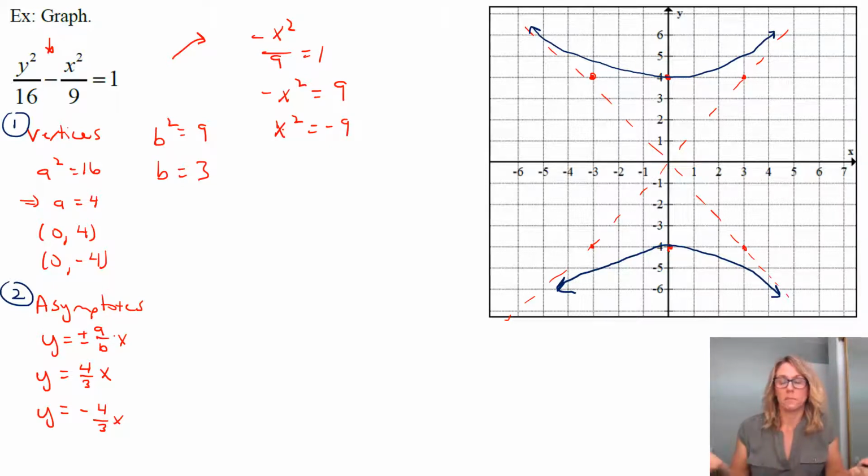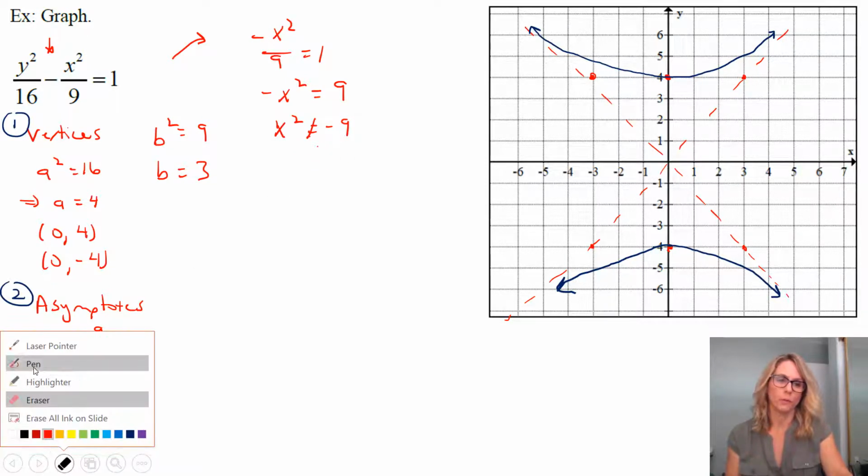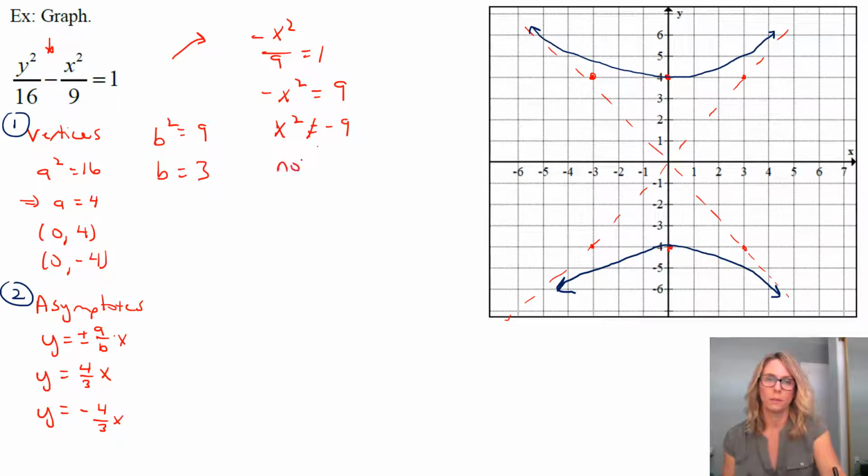But you can see x squared can't equal negative 9. There's no value that you can square and get a negative. So that is not possible, at least with a real number. And so it tells us there's no x-intercepts, which we knew anyway. And so again, that's the big difference between the ellipse and the hyperbola. So no x-intercepts.